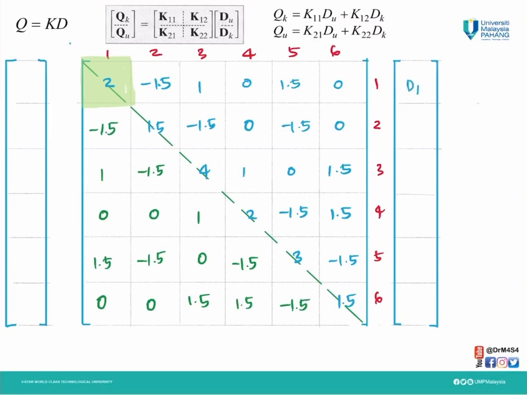Here is D1, D2, D3, D4, D5, D6. And this one is Q1, Q2, Q3, Q4, Q5, Q6.